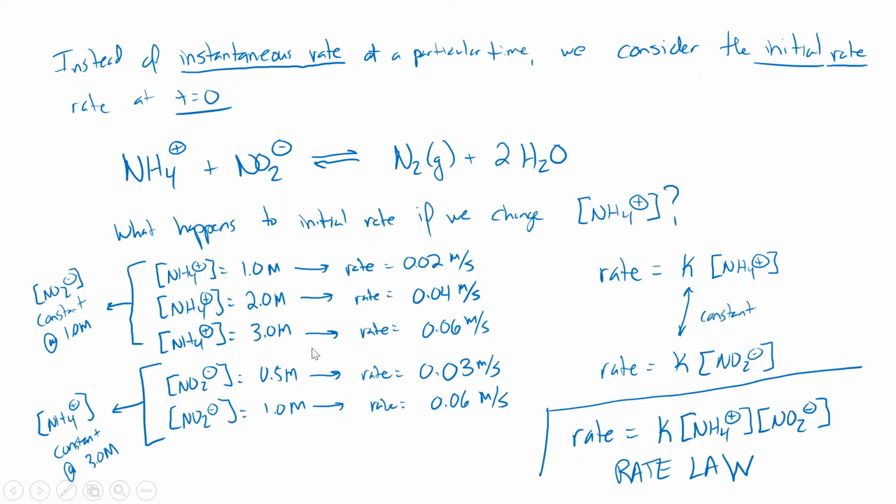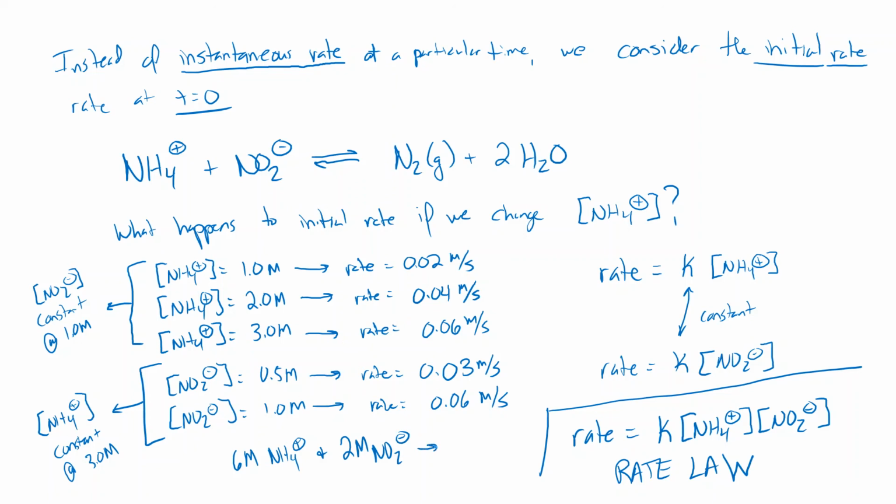If we double both of them, we could predict now, if we start with 6 molar NH4 plus and 2 molar NO2 minus, we can predict what that will look like. So 6 molar NH4 plus and 2 molar NO2 minus, that means we're going to double the rate because the NH4 plus is doubled, and then we're going to double the rate again because the NO2 minus is doubled.